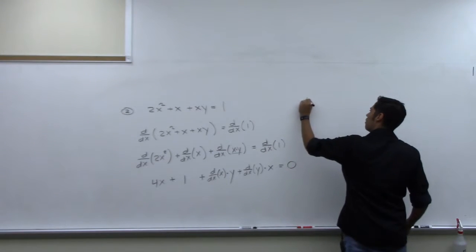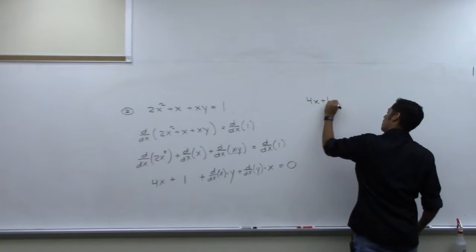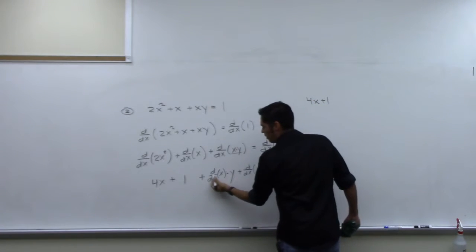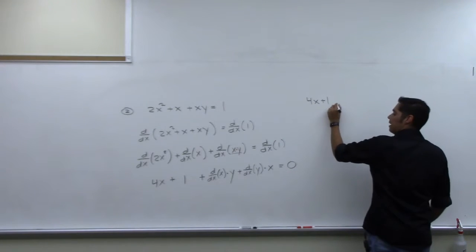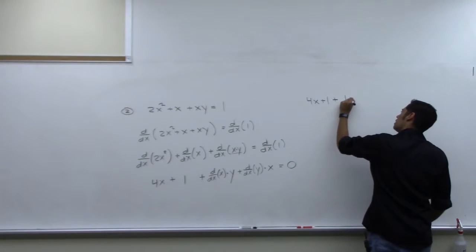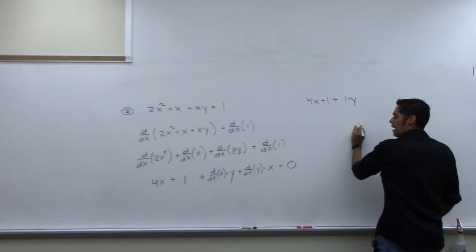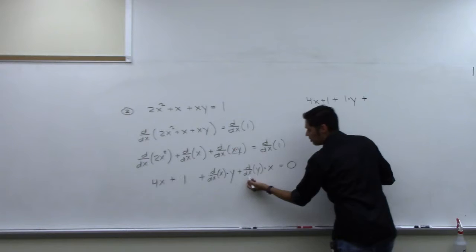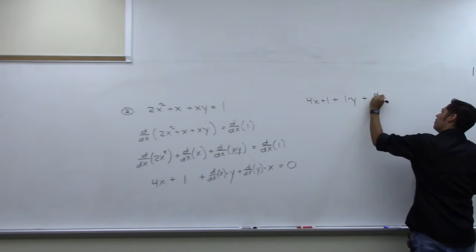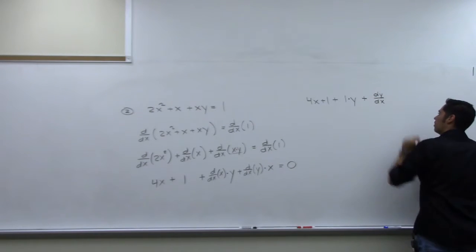Now, this is 4x plus 1. That's this. And now, what is the derivative of x with respect to x? Well, that's just 1. So we get plus 1 times y. And then plus, what is the derivative of y with respect to x? Well, that's what we're trying to find out. dy dx, that's what we're looking for.